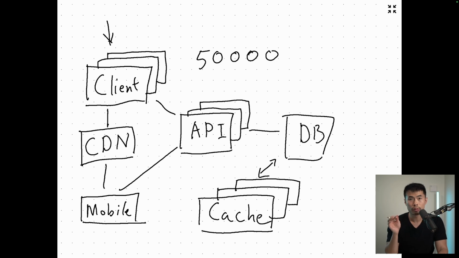But now, our database is feeling the strain. It is time to introduce a cache layer. By using an in-memory key-value store like Redis or Memcached, we can store frequently accessed data, reducing the database load and improving response times.